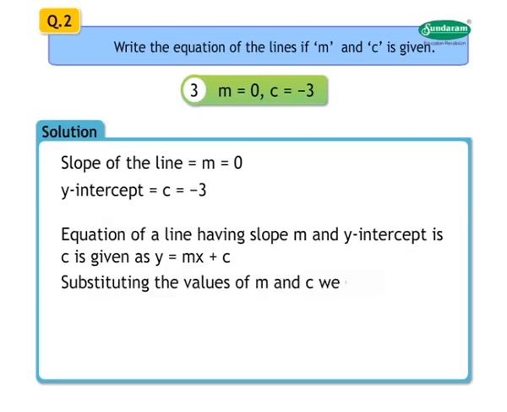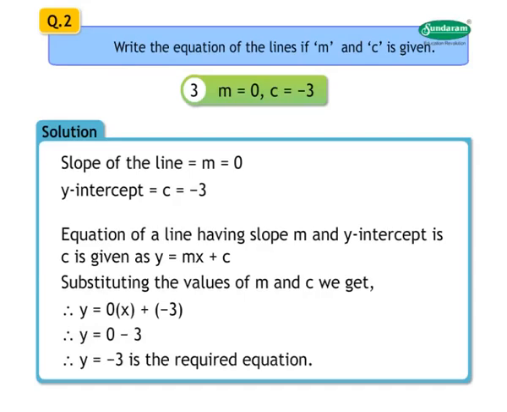Substituting the values of m and c, we get y = 0 × x + (-3). Therefore, y = 0 - 3, y = -3 is the required equation.